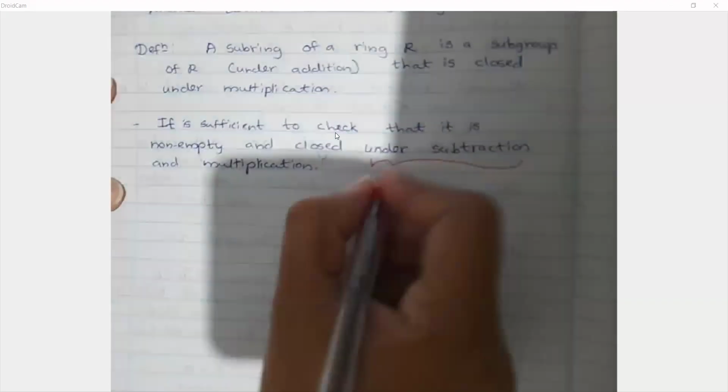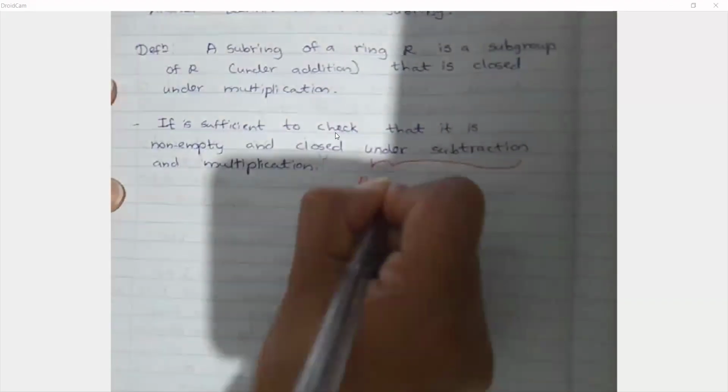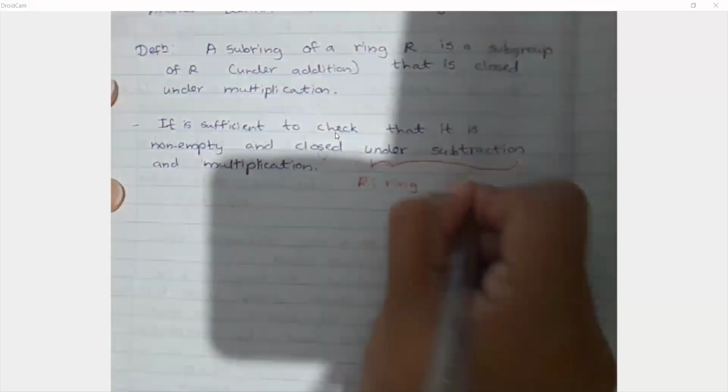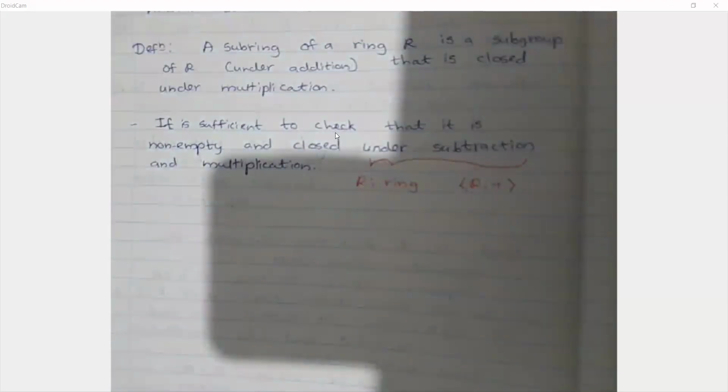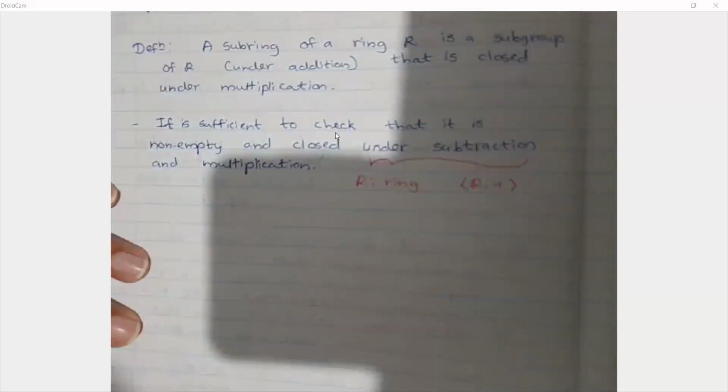So you have R to be a ring. R under addition is an abelian group.